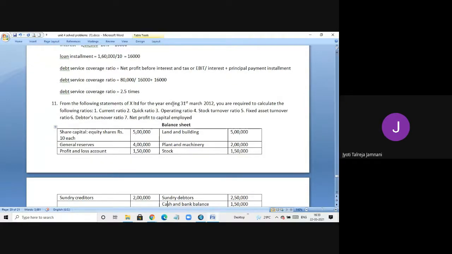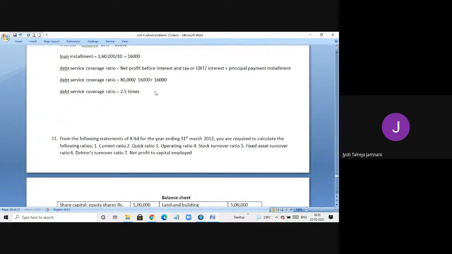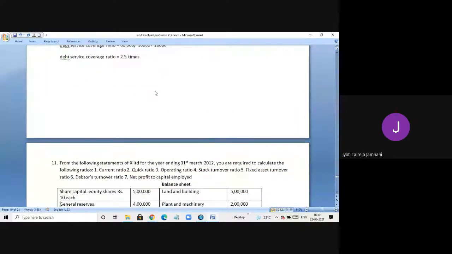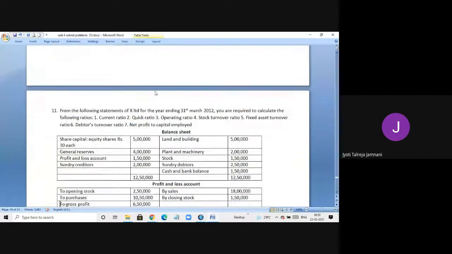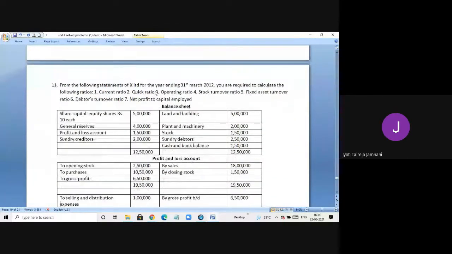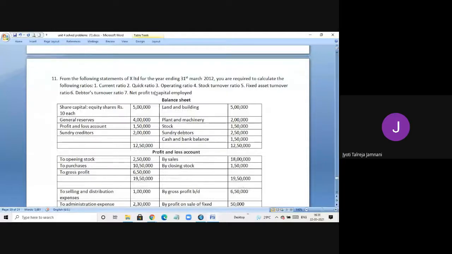Now the next question is the 11th problem, a little bigger one. They've asked you around 7 ratios. So let's see how to do it.